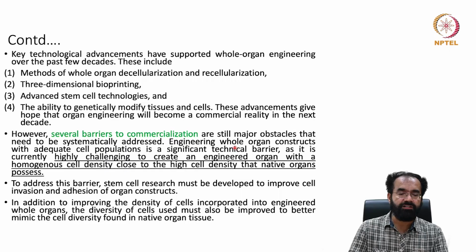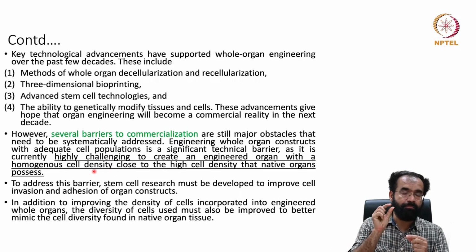Engineering whole organ constructs with adequate cell populations is a significant technical barrier, as it is currently highly challenging to create an engineered organ with a homogeneous cell density close to the high cell density that native organs possess. We must understand each organ is very tiny in the embryonic stage when a new organism is developing.